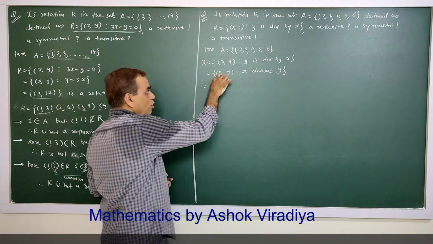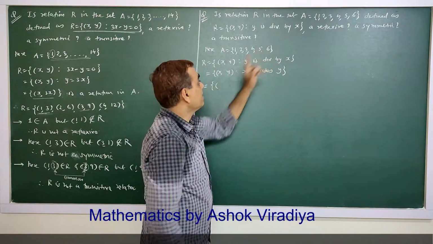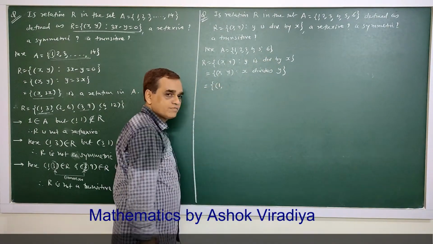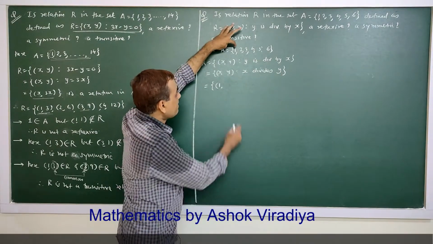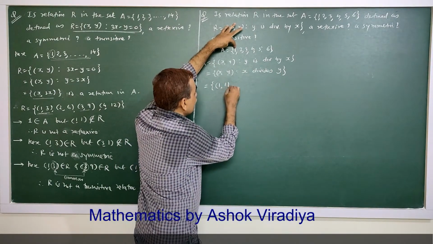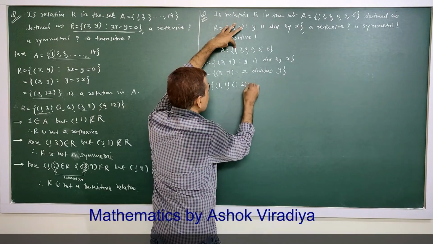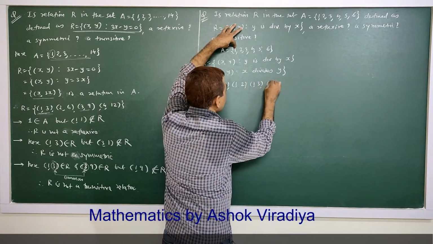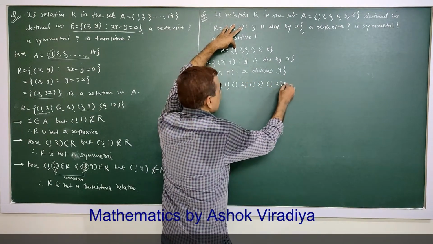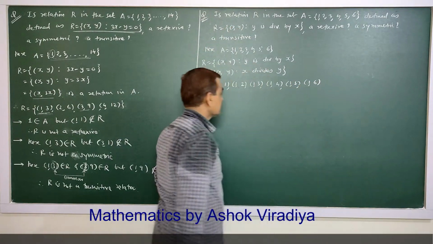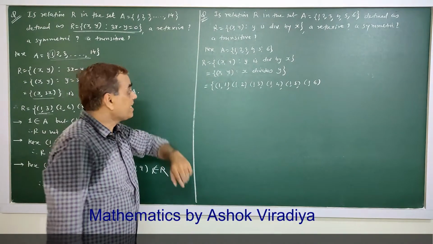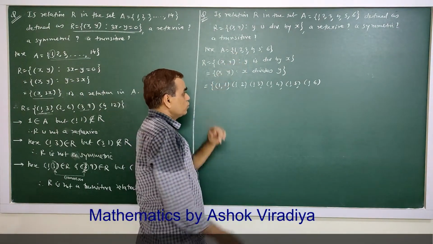Now both x and y must be from A. Suppose I put here 1. Now 1 divides y. So 1 divides 1, 1 divides 2, 1 divides 3, 1 divides 4, 1 divides 5, 1 divides 6. Now I take x equal to 2.